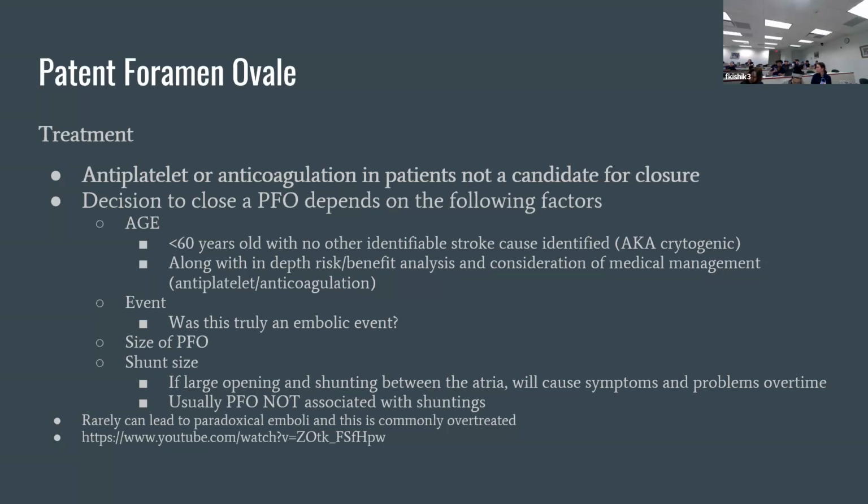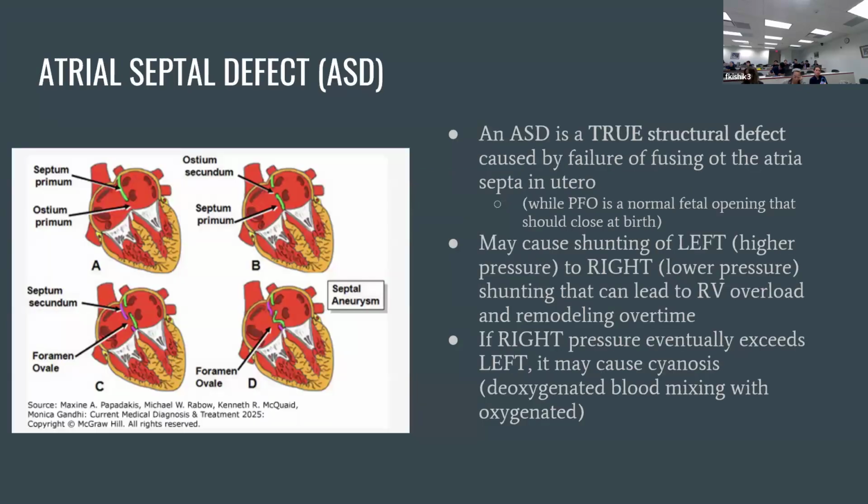If they don't have the shunt size, if they're not under 60 years old, you're going to put them on antiplatelet or anticoagulation. Is that clear? Okay. It's tricky because when we treat PFOs, there's this whole algorithm, and this could be a whole course in itself, but we only have 2 hours, so I had to cram it into one slide. So if anything's unclear, just let me know.